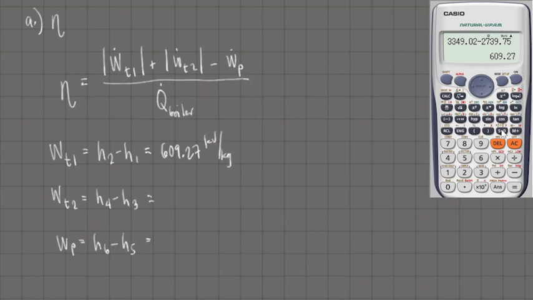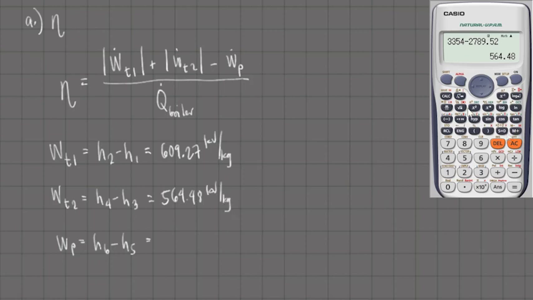Next, for the work generated by the second stage of the turbine, we can also have that as H3 minus H4 to make it the absolute value, 3354 minus 2789.52, 564.48 kilojoules per kilogram.